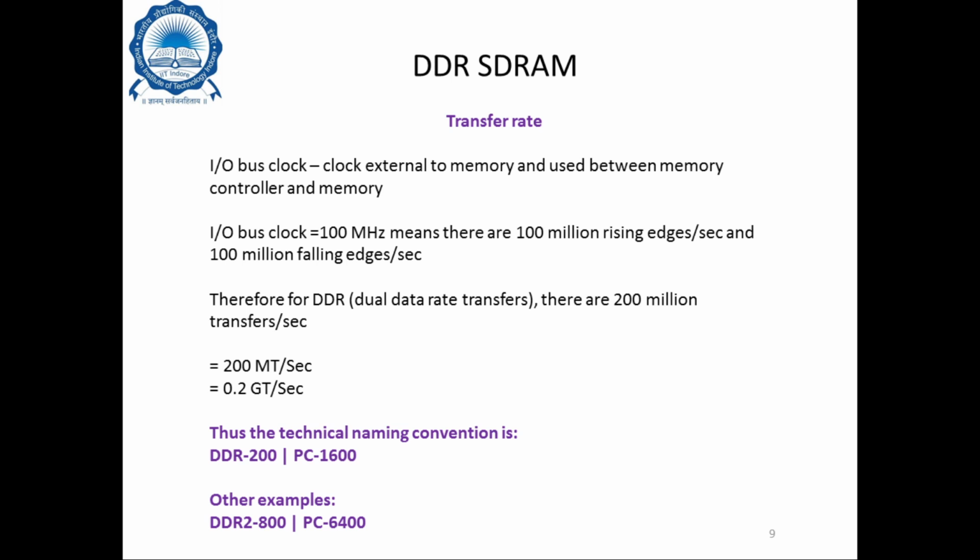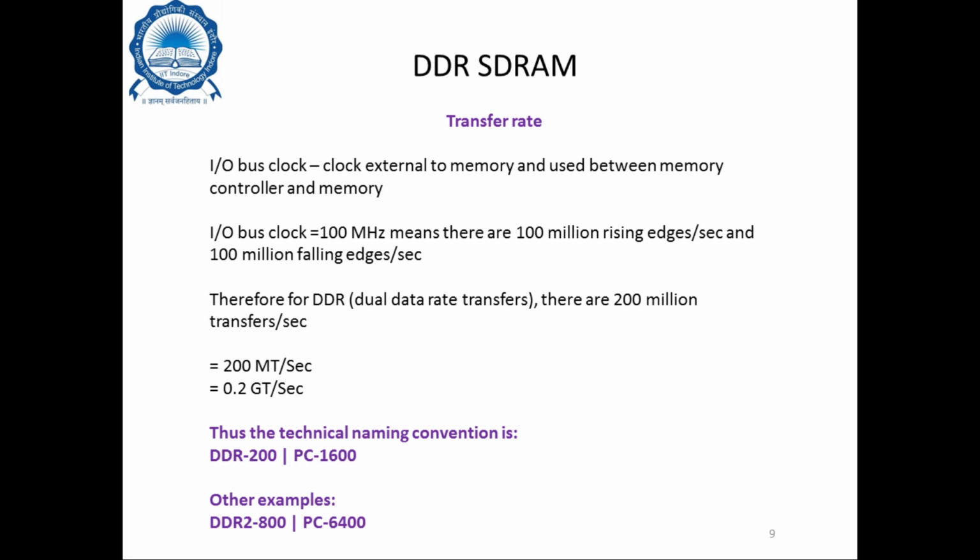That means that there are 100 million rising edges per second and 100 million falling edges per second. Okay, therefore for DDR, which is dual data rate transfer, there are 200 million transfers happening per second. So therefore it is given as 200 MT per second or 0.2 GT per second, giga transfers per second.